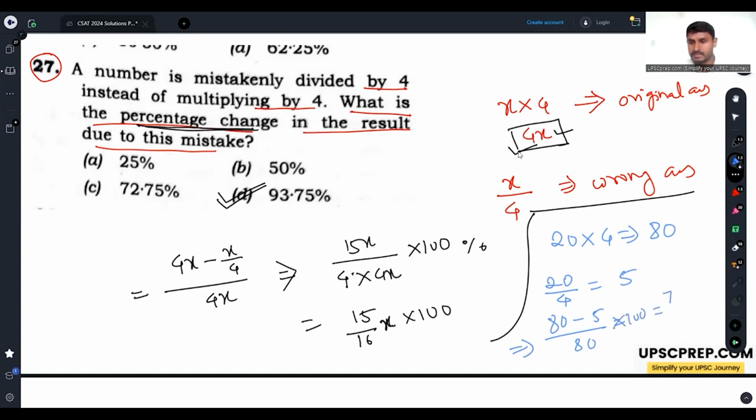So what will be answer here? It will be 75 by 80 into 100. If you again solve it, you will see it will be 93.75%, right. So option D will be again correct answer.